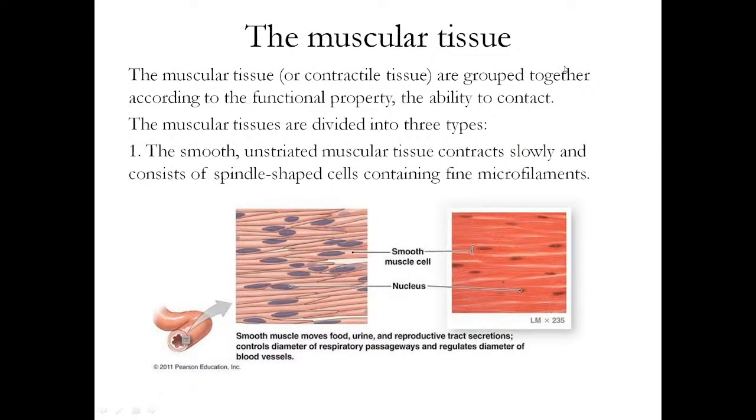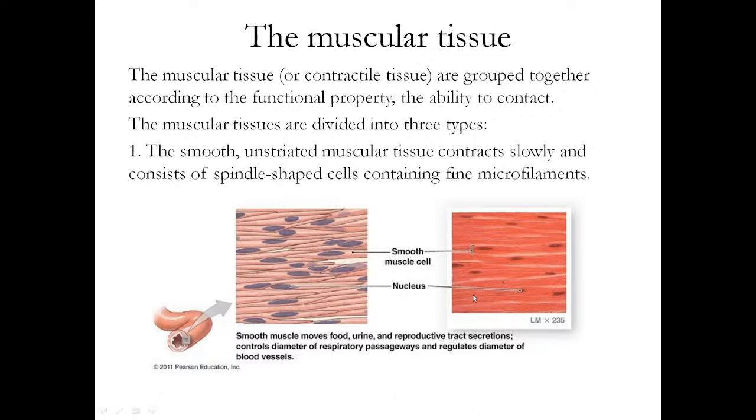Next, muscular tissue. The muscular tissue, or contractile tissue, is grouped together according to the functional property, the ability to contract. The muscular tissue is divided into three types. First, the smooth, unstriated muscular tissue contracts slowly and consists of spindle-shaped cells containing fine microfilaments.